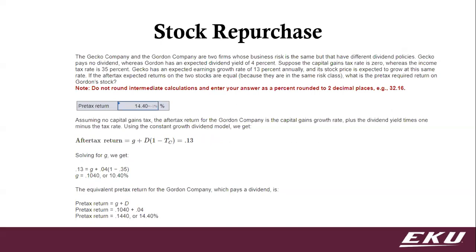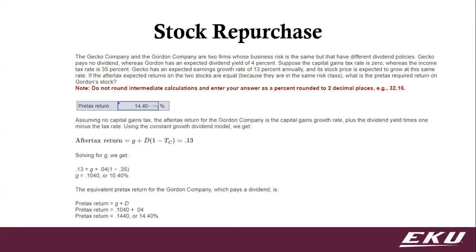Okay. Here's another stock repurchase type question. But this is just basically working through some of our formulas that we've done before, and then figuring out in this particular case what would the pre-tax return be, based on the growth rate, the dividends, all those things.